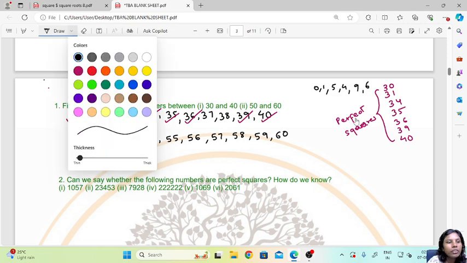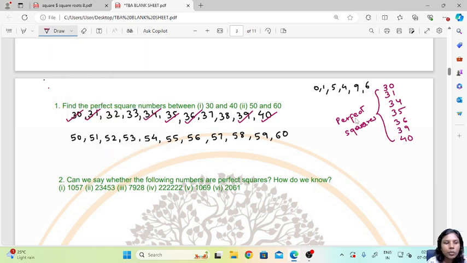Now here again we have to check for it in the same way. So first we have 50, 51, then we have 54, 55, 56, then 59 and 60. So all these numbers we will have perfect squares of them.